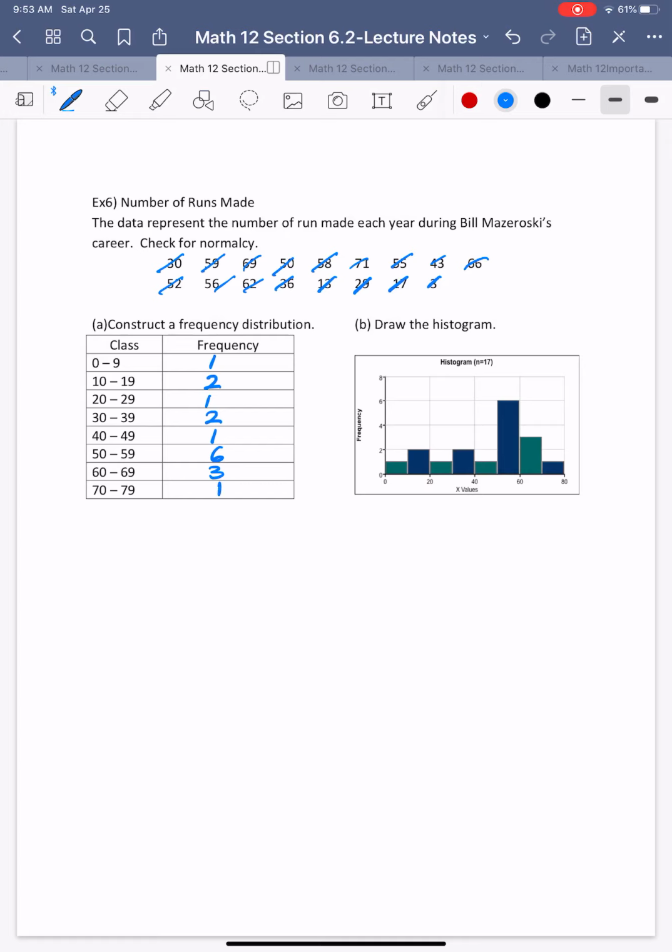If you put it in a histogram, it doesn't look like a normal distribution. I don't think it looks symmetric to me.